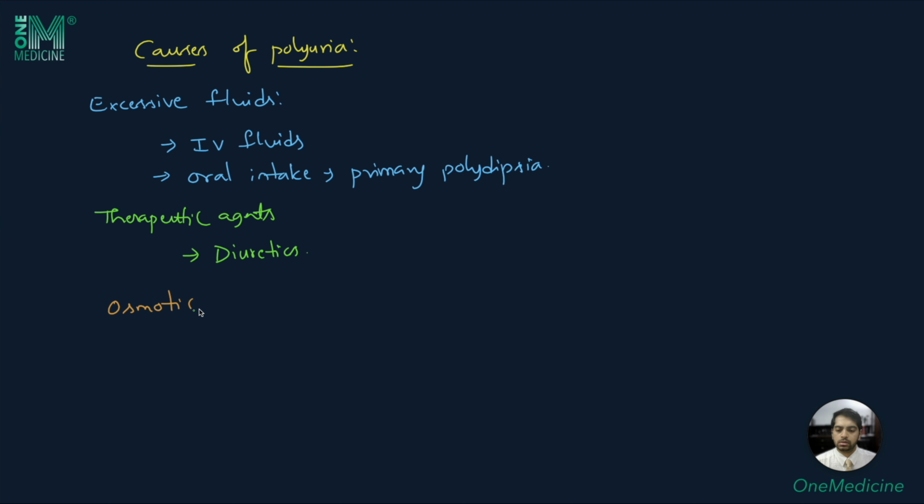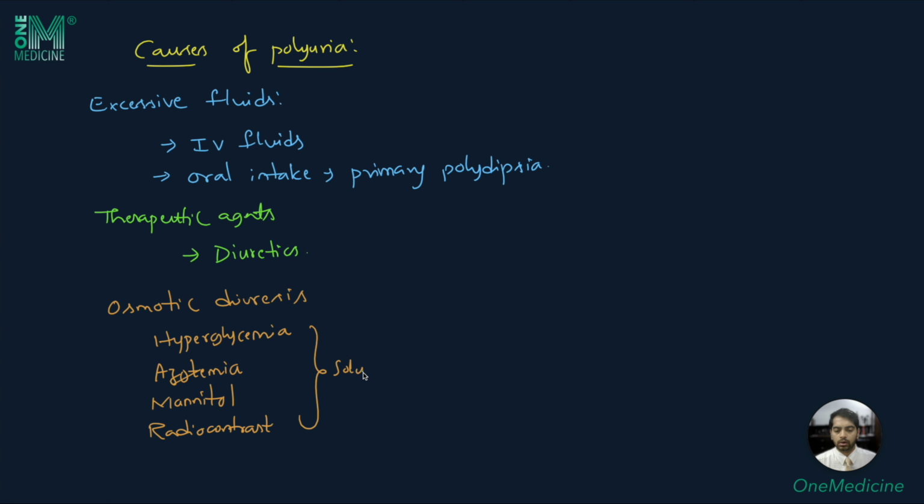Osmotic diuresis, which is caused by hyperglycemia, azotemia, mannitol, and radio contrast. Here the solute load is high, because of which there is increased water being excreted out, that is increased urinary volume, causing polyuria.